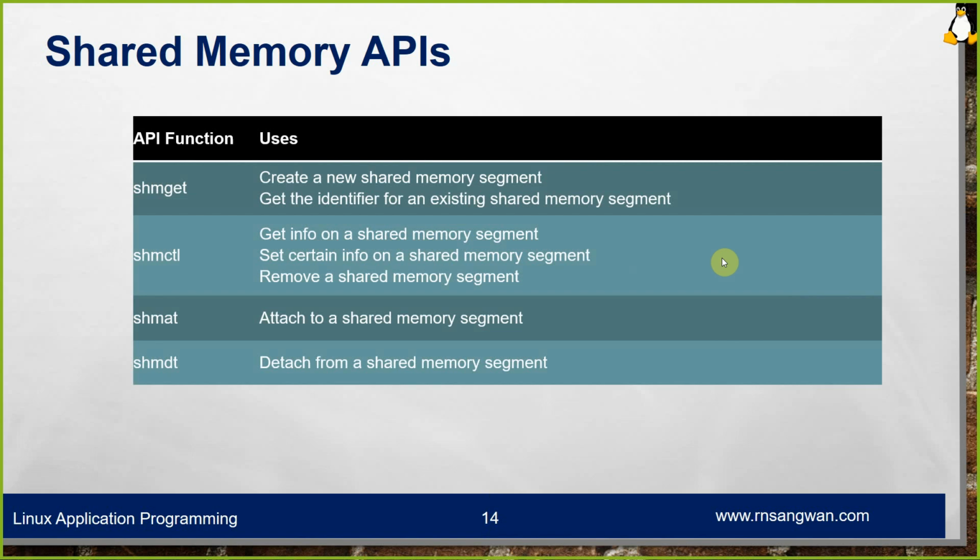If you recollect, get info was IPC_STAT, remove was IPC_RMID. So shmctl has these commands: get info, remove, or set info. shmat means attach the shared memory segment. shmdt means detach the shared memory segment.